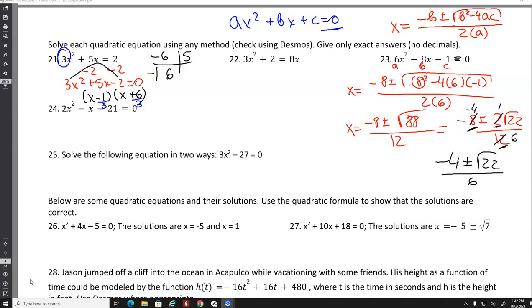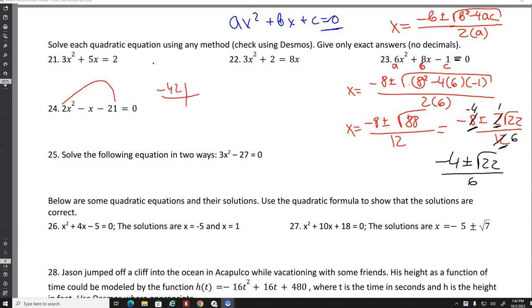All right, now the last one, it's 24. So again, I can try 2 times 21, which is going to be 42. And let's see, I can try 2 times negative 21, so that's negative 42, and it has to add up to negative 1.